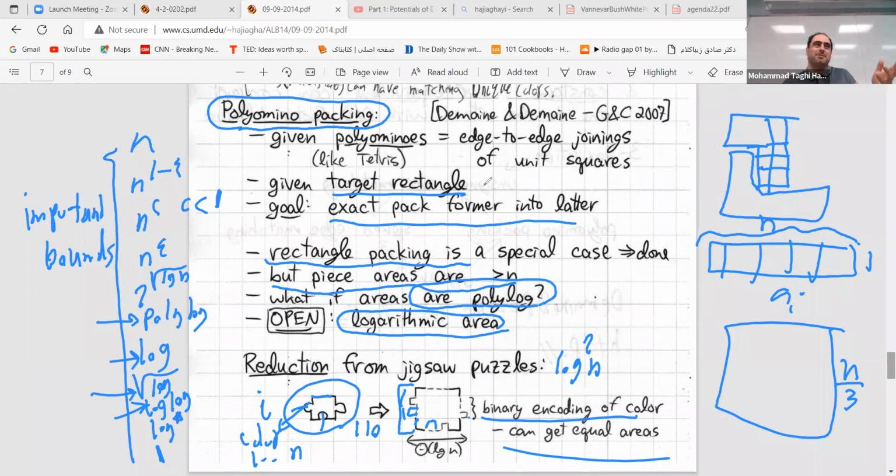Because if the problem becomes trivial, and generally if the problems are not NP-hard, they can be easier to solve. So we are interested in problems that are not easy to solve, which generally should have an exponential number of possibilities.